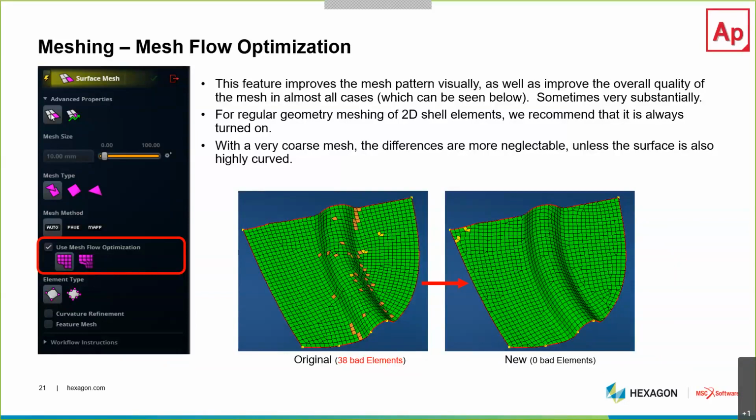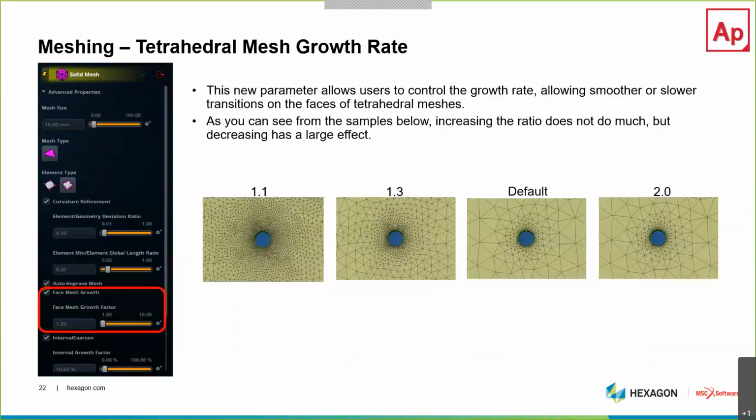I don't want to promise anything on the phone here while we're on this webinar, but there's a good chance that if all of you are using Apex and this mesh flow optimization technology is going the way we want it to, it will replace our default meshing behavior. So feel free to go ahead and use that moving forward.